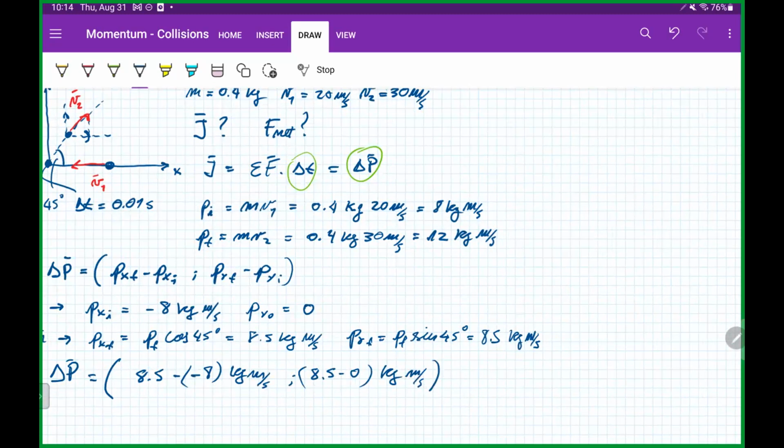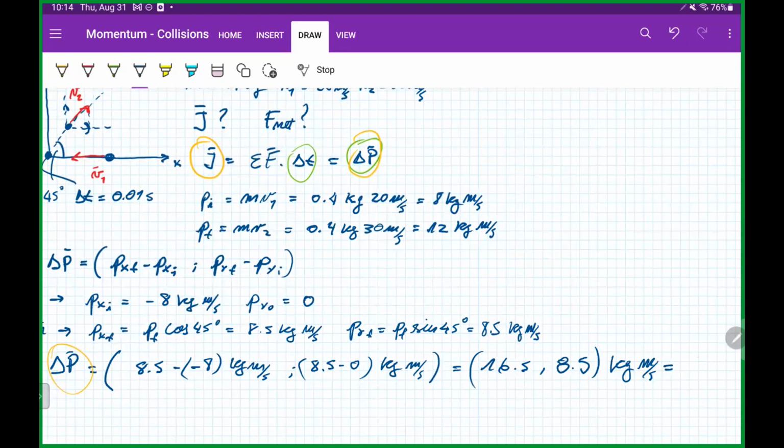Right? And then we have calculated J. Because remember, J is the variation of the momentum. And we have the variation of the momentum here. So that is 16.5, 8.5 kilograms meters per second.